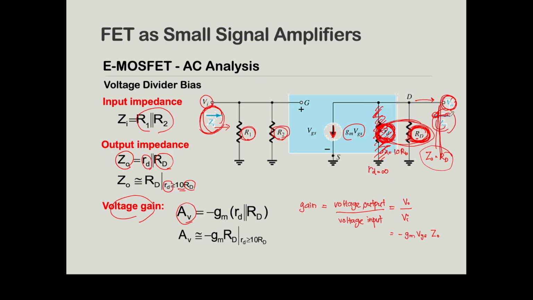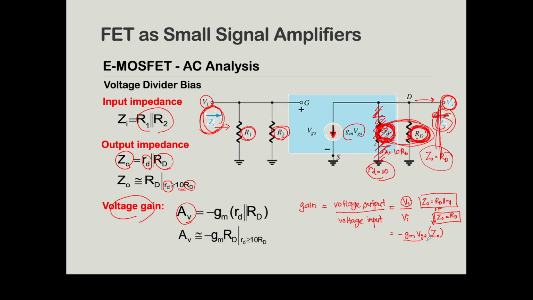Z out is either rd parallel with RD, or Z out equals RD. It depends on the value of rd. So V out is negative GM VGS multiplied by Z out.